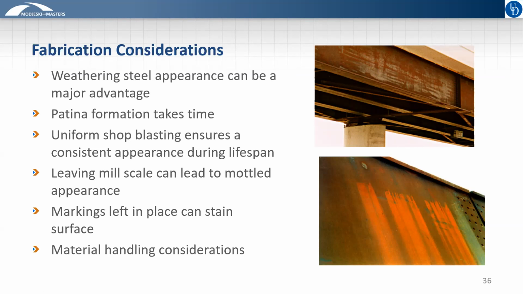And so a lot of these recommendations in the manual are focused on trying to encourage that type of appearance. The formation of the patina takes a significant amount of time. It's not a quick process. And so you want to help that along as much as you can and ensure that it'll be uniform. A lot of the steel, when it comes from the mill, will have mill scale on it.